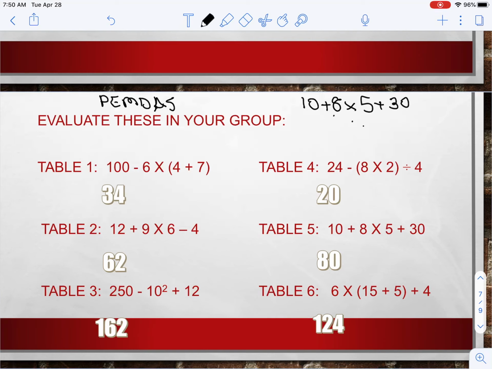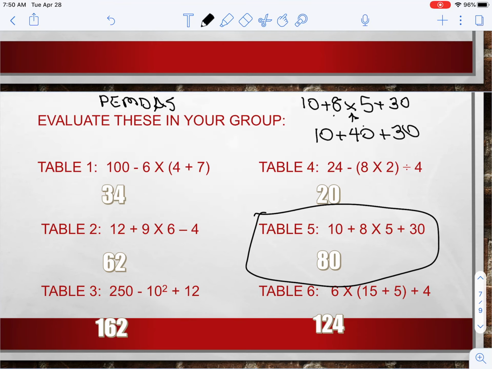So we have to do the times first. So I'm just going to rewrite the sentence and do the times part first. 10 plus 8 times 5 is 40 plus 30. Well, this one's easy now. 10 plus 40 plus 30. And that would be 80, which is what I have here. All right.